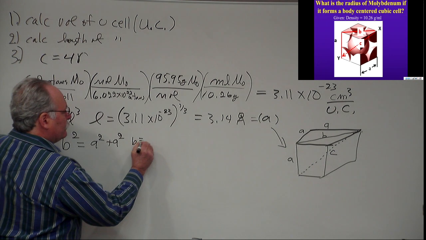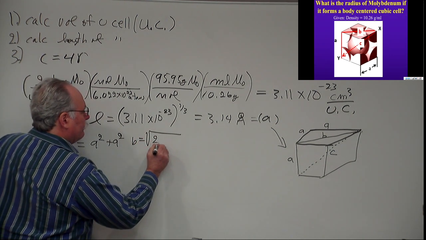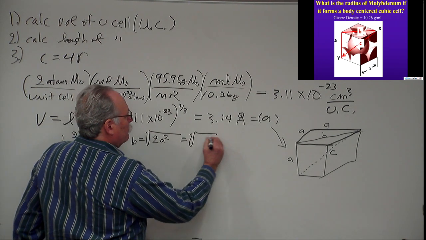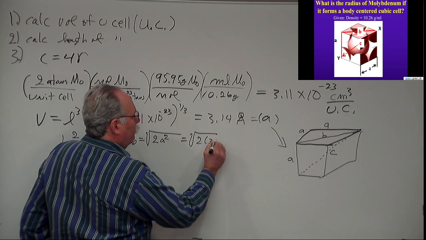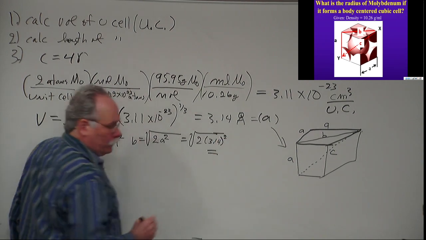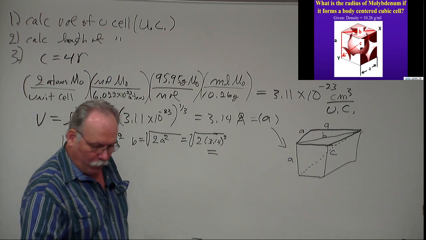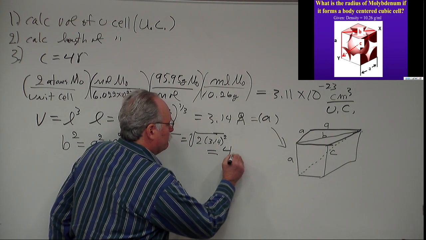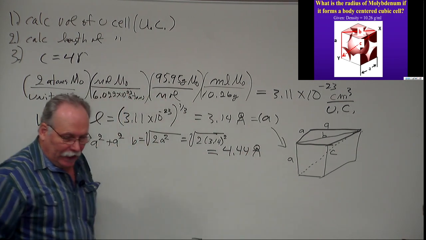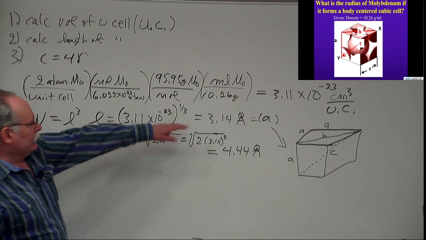So B is equal to the square root of 2A squared, which is equal to the square root of 2 times 3.14 squared, which is equal to 4.44 angstroms.